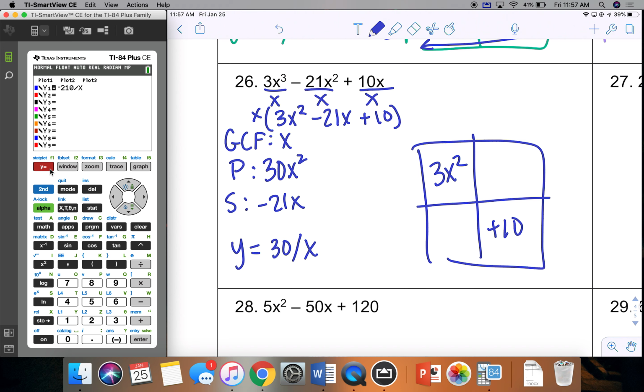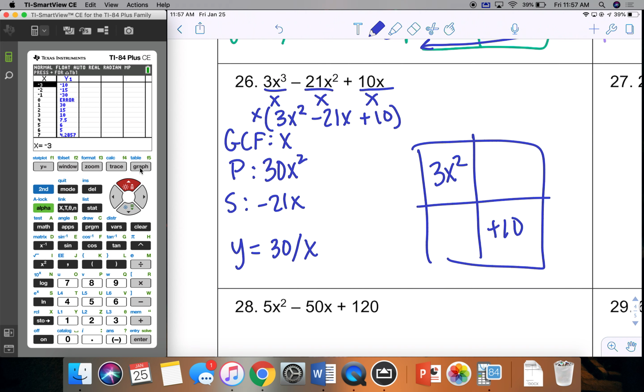So I'm going to put my product of 30 divided by x and search for my sum of negative 21. So when I'm looking, 31, 17, 13, 11, I'm not finding it there. Let me check up in the negatives because I need a negative 21.